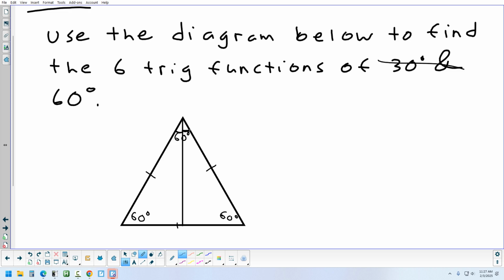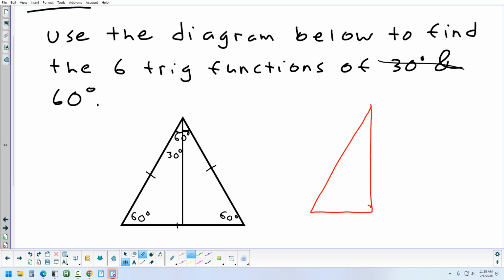If you take a 60-degree angle and split it into two equal parts, each part is how much? 30. Okay, so here's your triangle that you're going to need. There's a 30, 60, 90 right triangle drawn perfectly to scale.